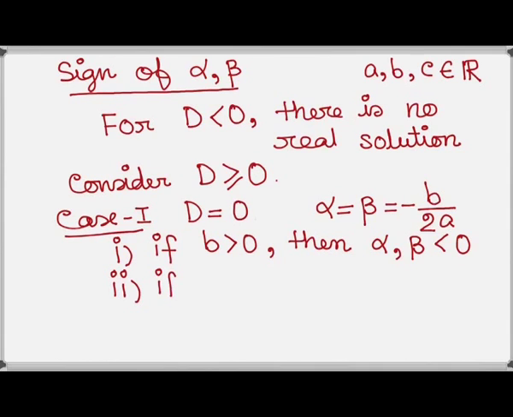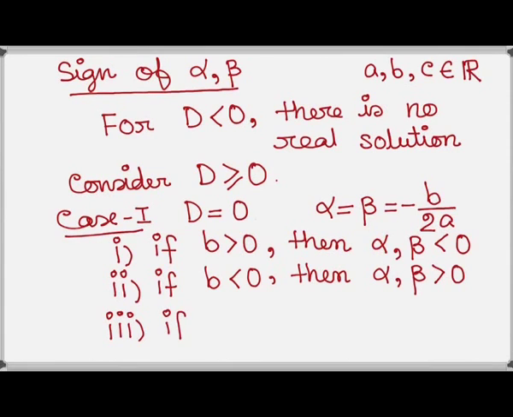If b is strictly less than 0, then we get alpha and beta, both of them are strictly bigger than 0. And if b is equal to 0, then we get alpha is equal to beta is equal to 0.